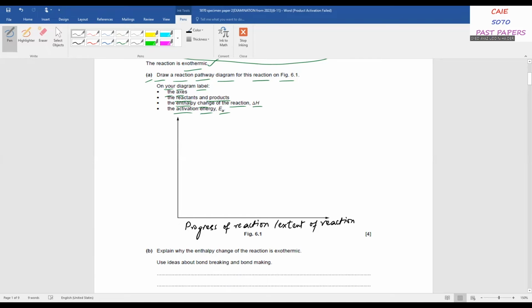On the y-axis, we write energy or enthalpy. That's it. Both the x and y axes are labeled.